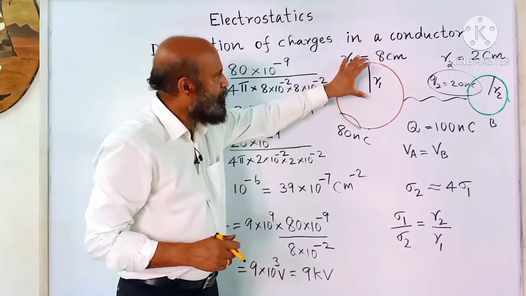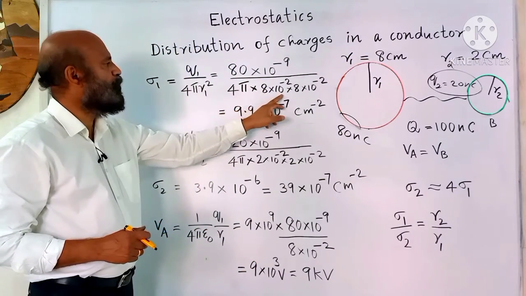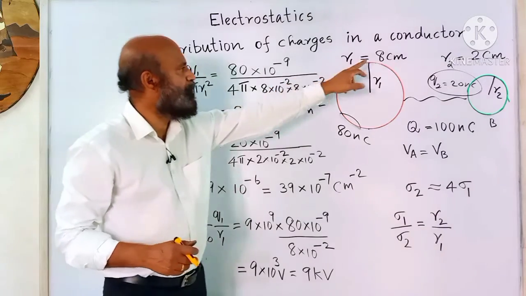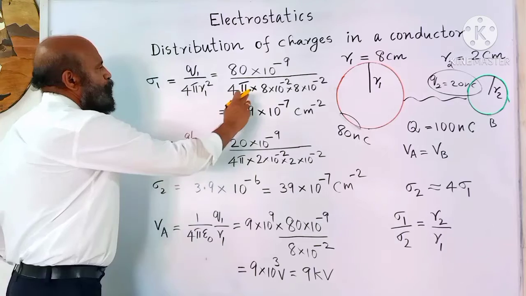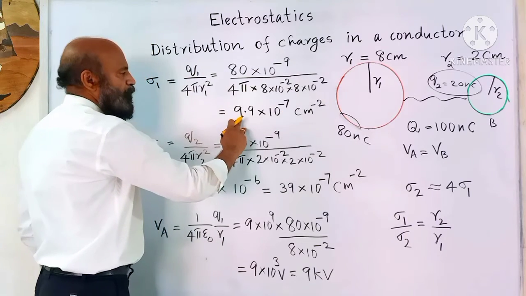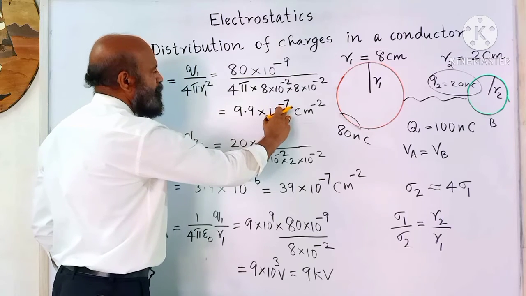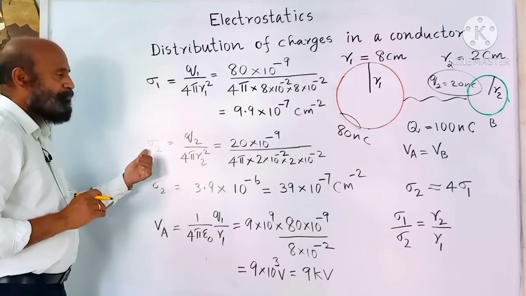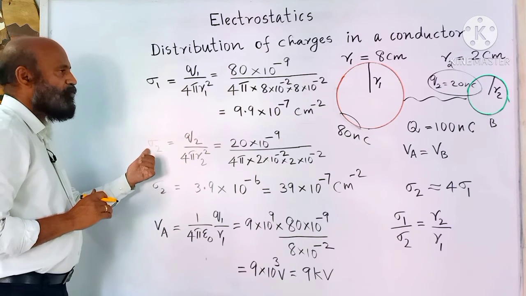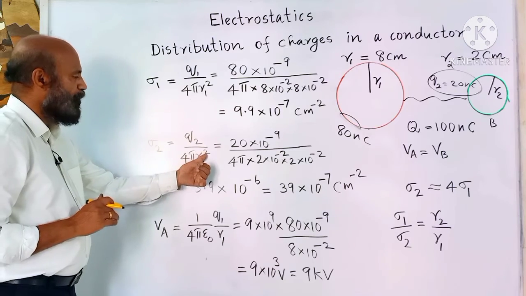Radius of the first sphere is 8 centimeter, so R1 square, 8 into 10 raised to minus 2 because it is given in centimeter. If you do this calculation, you will get 9.9 into 10 raised to minus 7 coulomb per meter square.